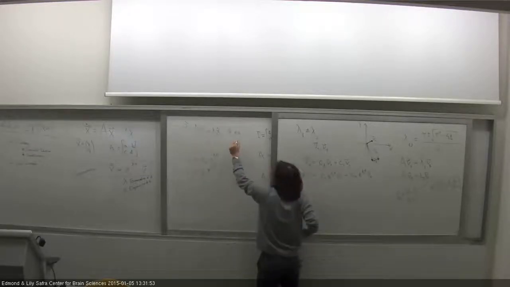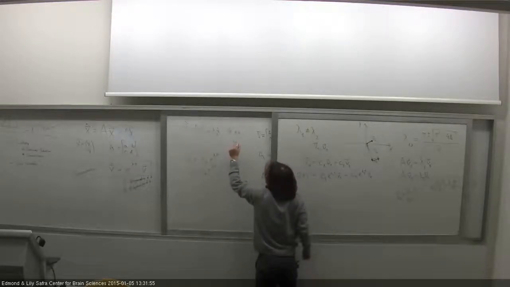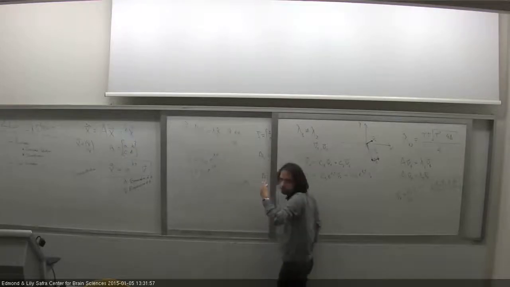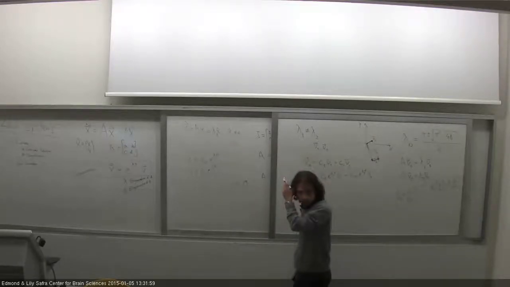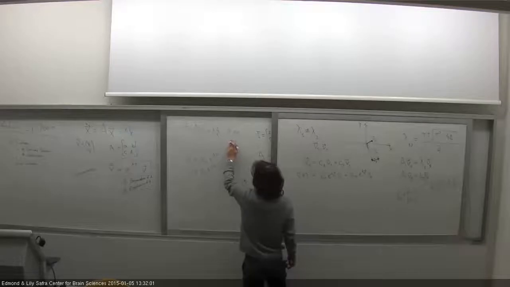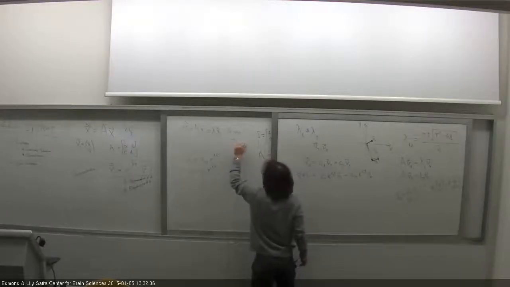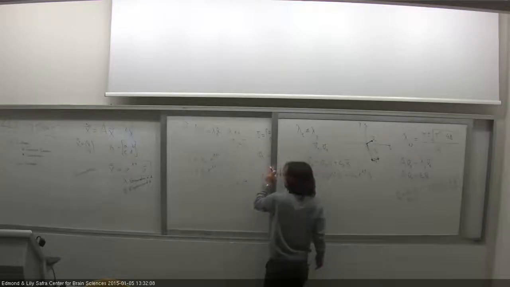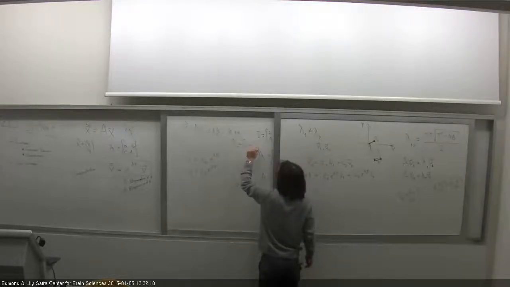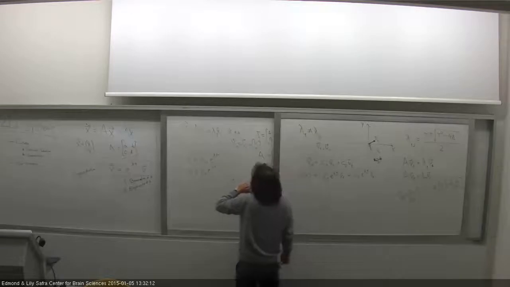So x is, in fact, the initial condition. So my x0 equals v1 equals u, w.